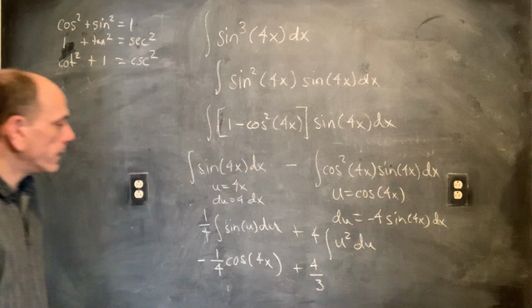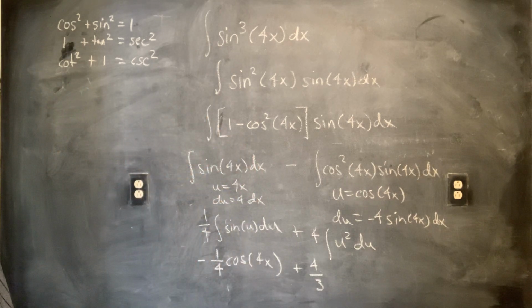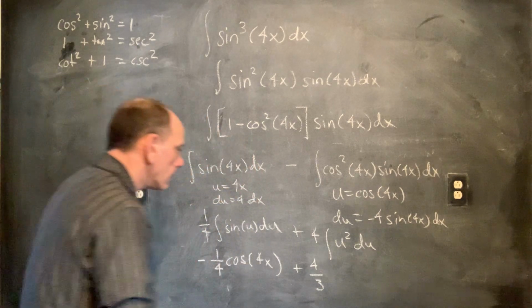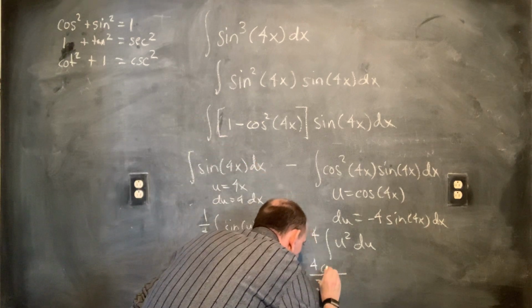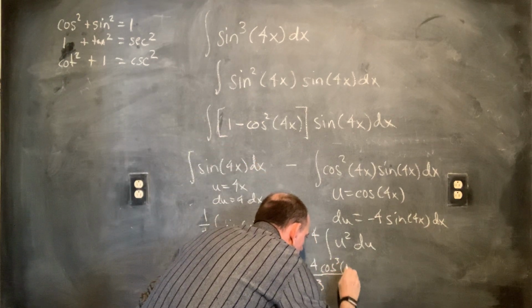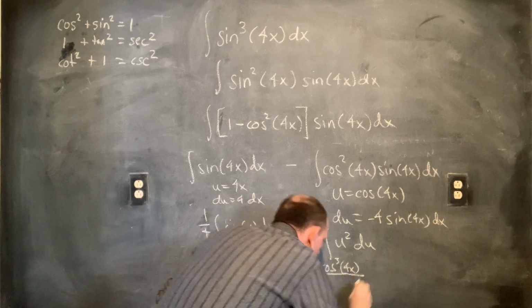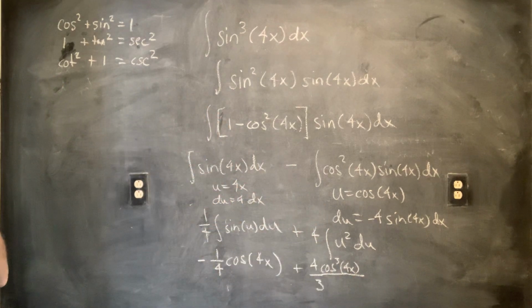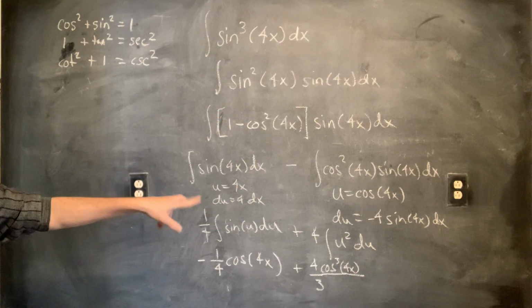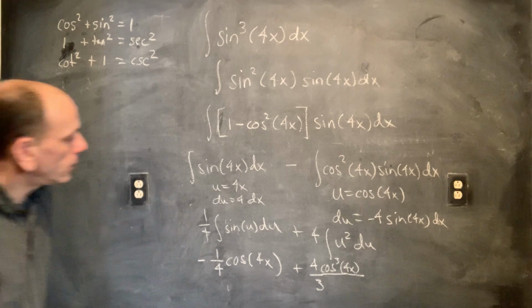And our u cubed, let's just save ourselves a line. U in this case is cosine of 4x. So cosine cubed of 4x. Back sub in that u on that piece. There's the u cubed over 3 plus c, and we're done.